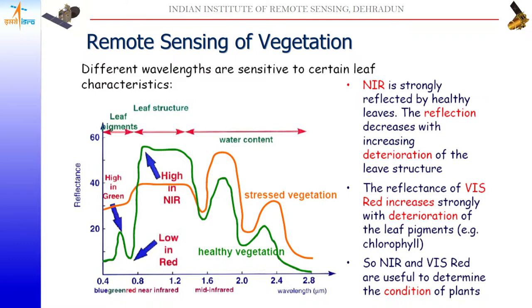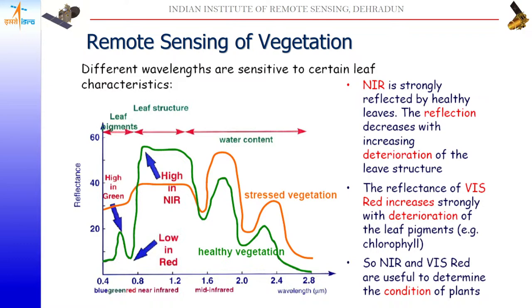The same information is depicted in the figure. Stressed vegetation has higher reflectance in the red band but lower reflectance in the NIR band. Vice versa, healthy vegetation has low reflectance in the red band and high reflectance in the NIR band.